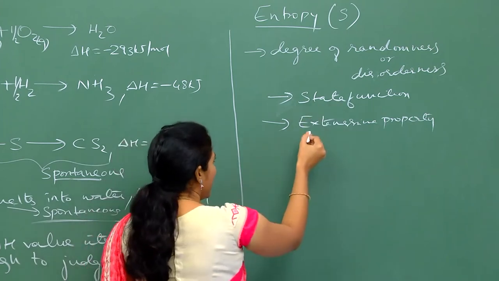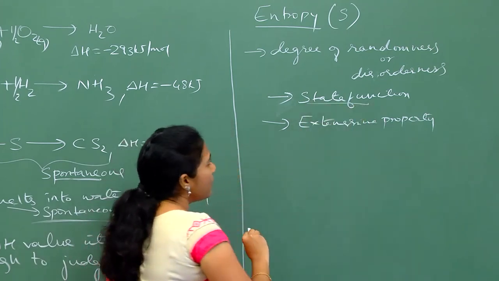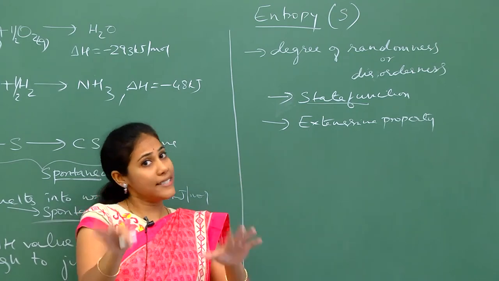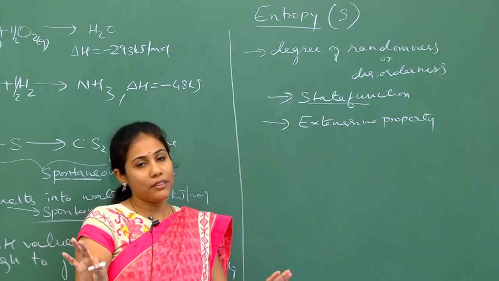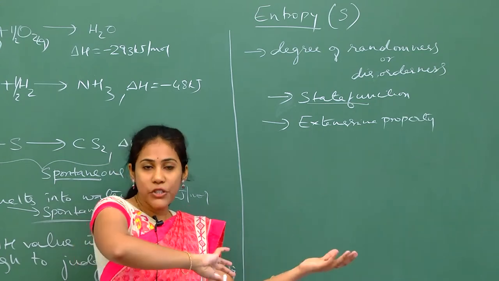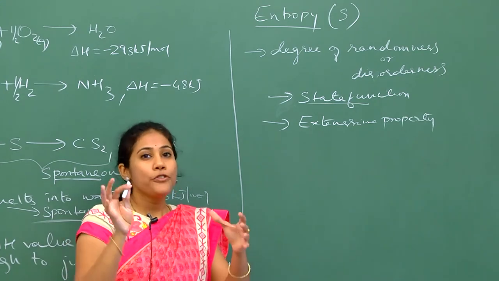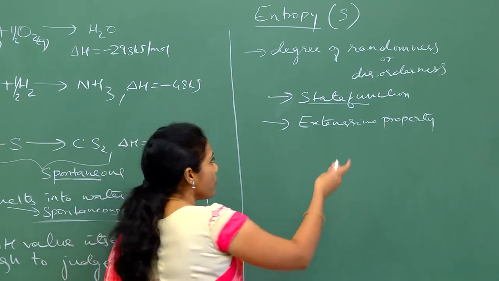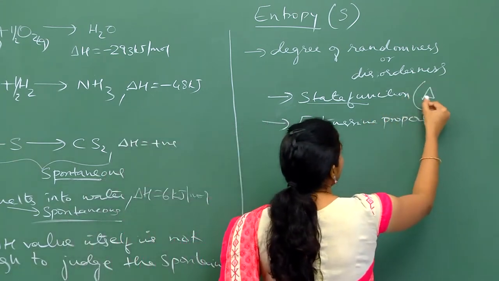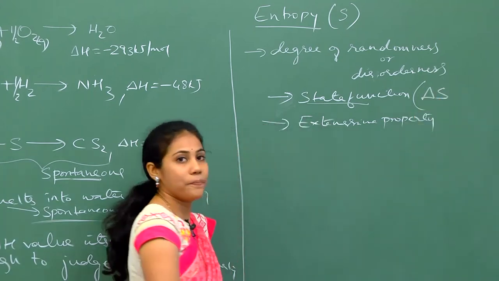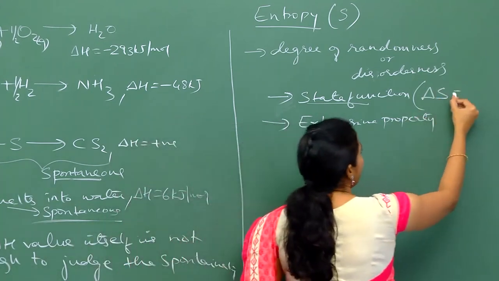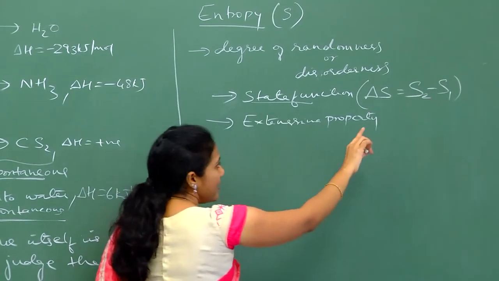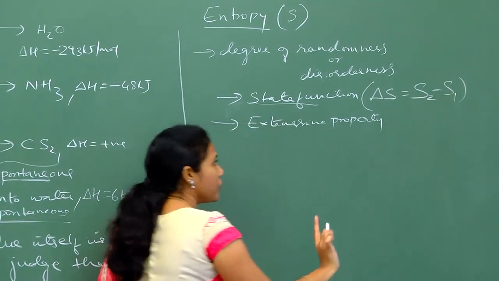And since it is a state function, what do you mean by a state function? The property which depends only on the state of a system, not on the path. It depends on the initial state and final state, so we always concentrate on the change in the property. So we always concentrate on delta S. Delta S is equal to S2 minus S1, the entropy of the final state minus the entropy of the initial state.